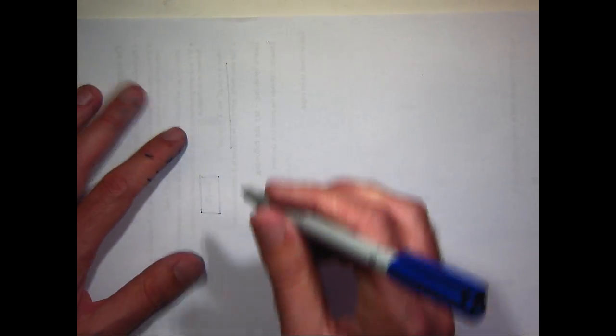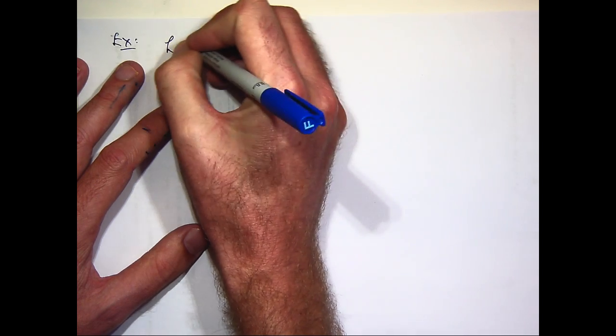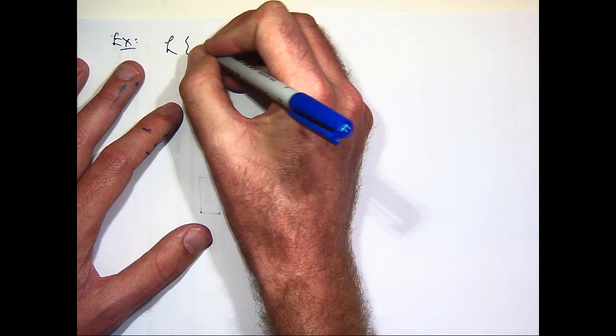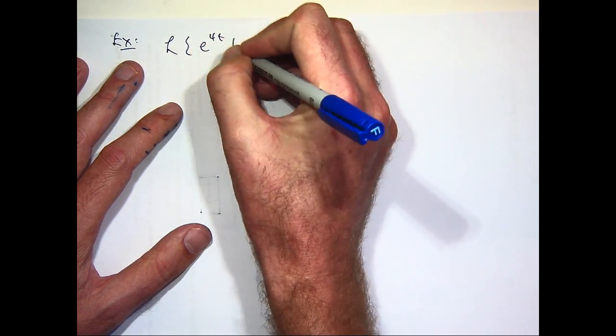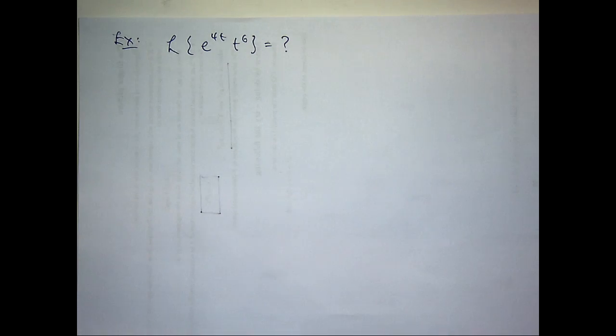So let's have a look at an example. So here's a basic application. We're asked to calculate the Laplace transform of e to the 4t times t to the power 6.